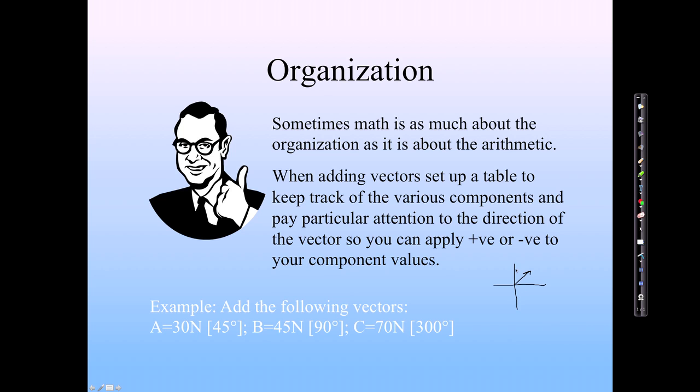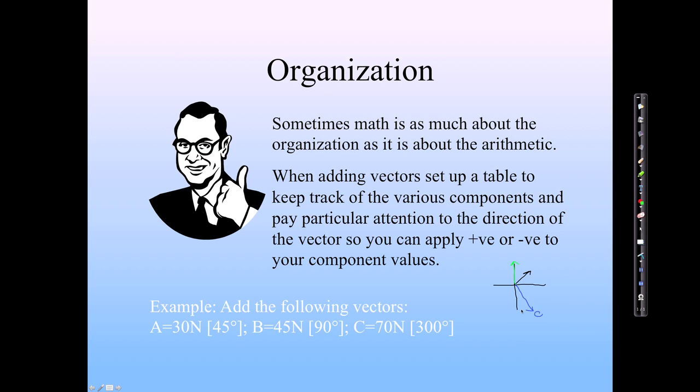And the vector B would be 45 newtons at 90, so straight up. And vector C would be 70 newtons, so fairly long, and directed at an angle of 300 degrees. Here's 0, 90, 180, 270. So C might look something like that.